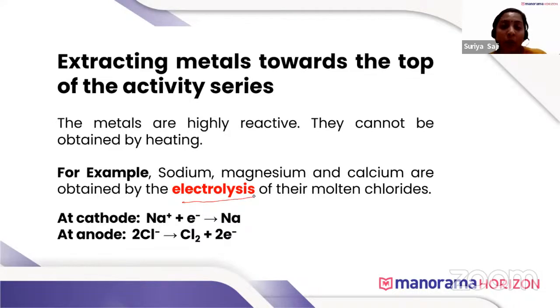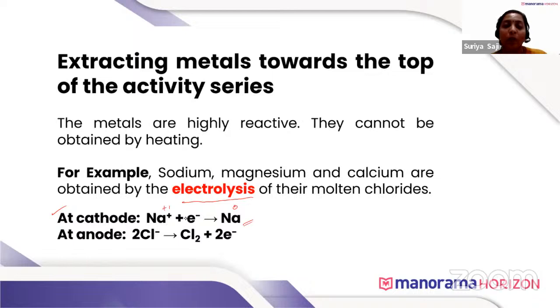Sodium, magnesium, and calcium are obtained by electrolysis of their molten chlorides. Here at the cathode, reduction will happen. Na+ abstracts one electron forming Na. Reduction is happening: the oxidation state here is +1 for Na+, and for Na it is 0, the elemental state.